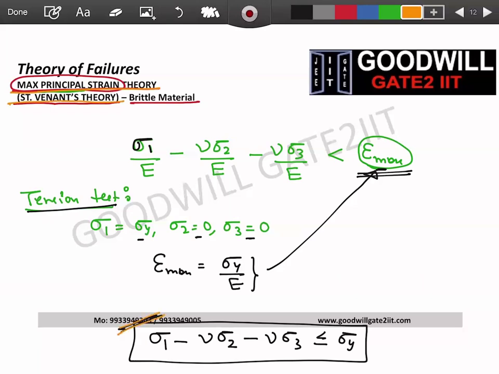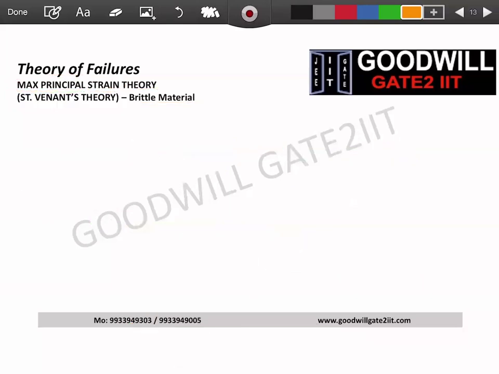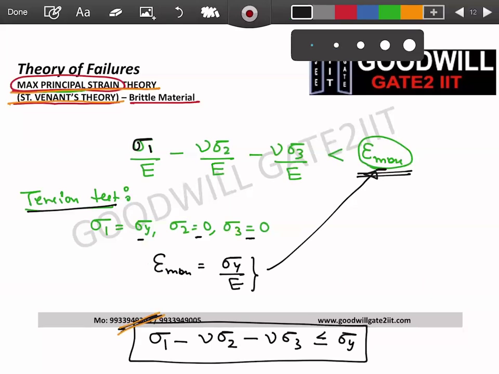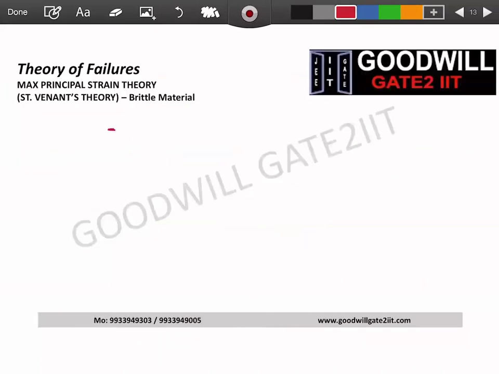Then again, we have to convert it, right? And if you see, this theory is also dependent upon nu. So tau y divided by sigma y is something like this.